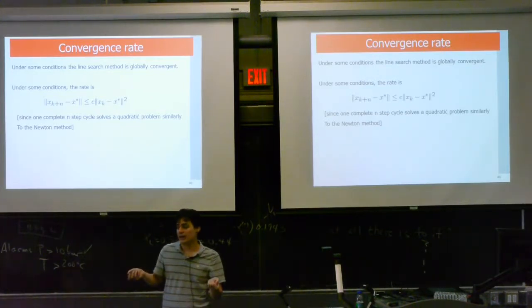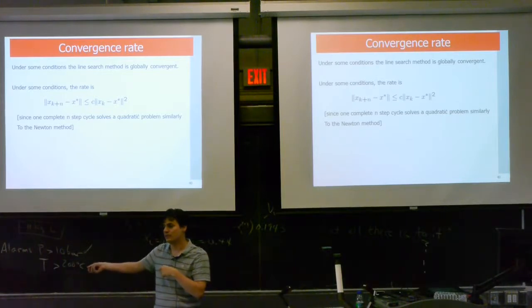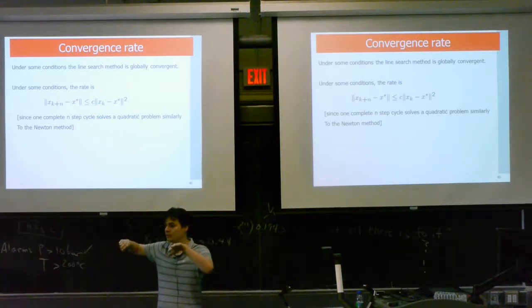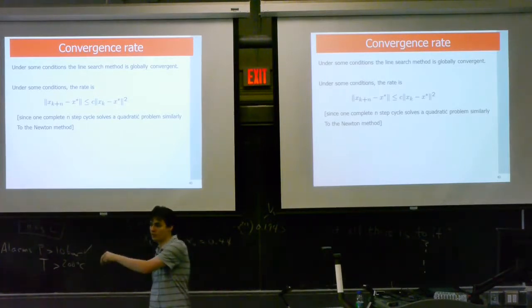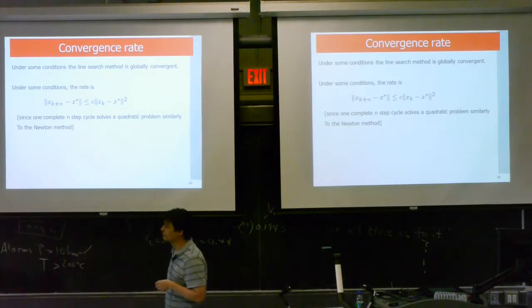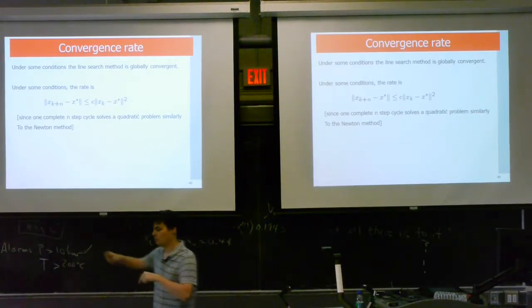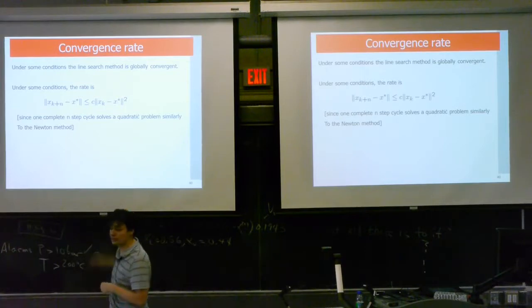And the intuition behind this is that after n steps, you basically solve like a Newton method because you approximate with the quadratic function and you solve for the minimum there. And you can indeed prove this rigorously. But in the Newton step, we had that for the next step, we had this quadratic rate as well.